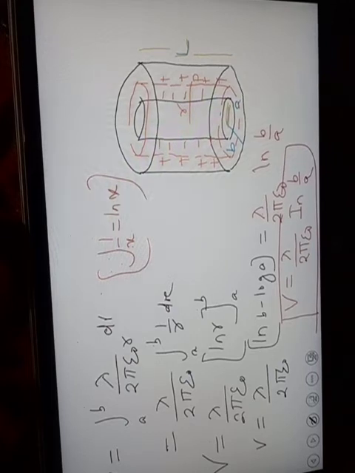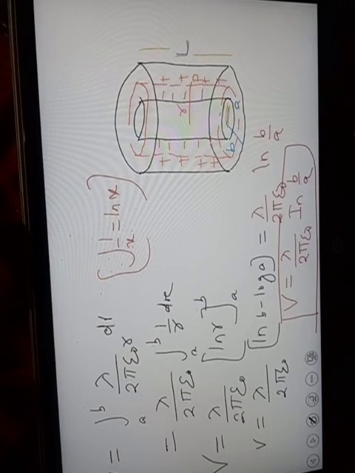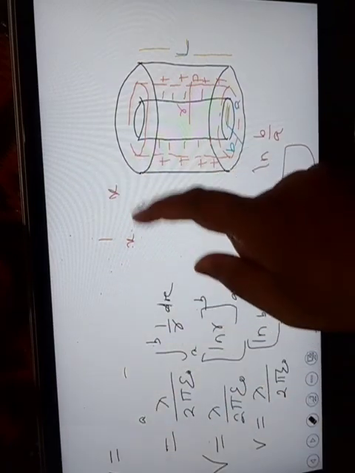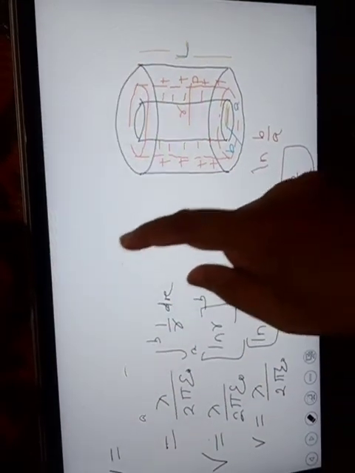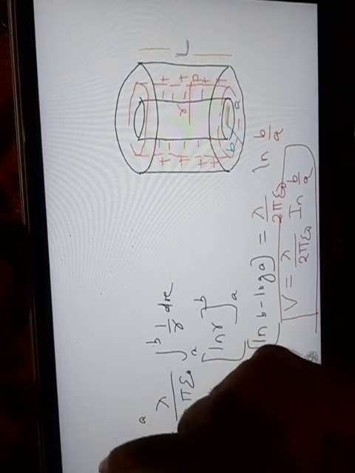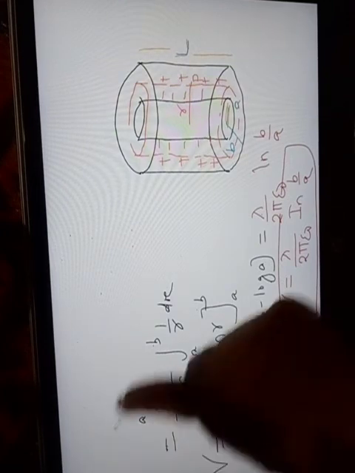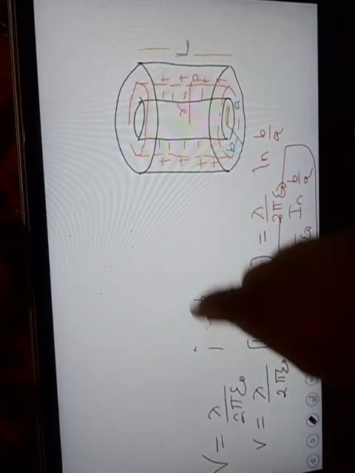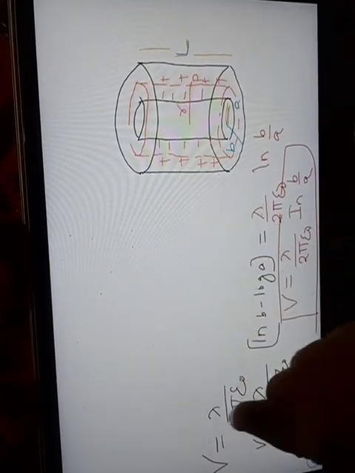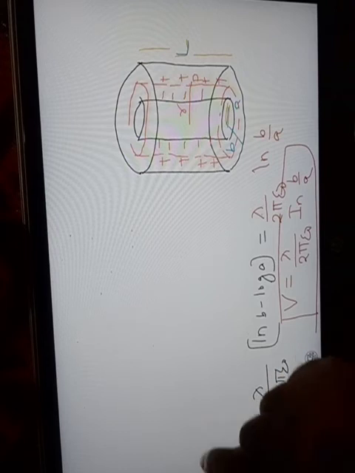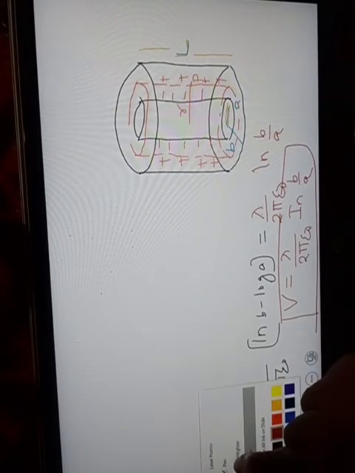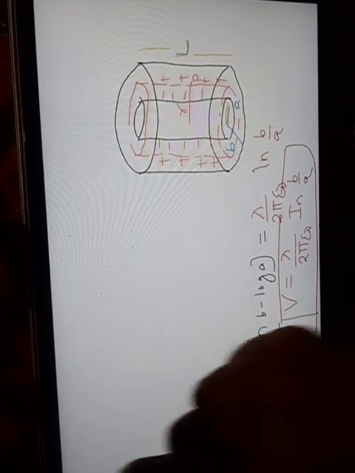Then you have to find out the total charge on each surface of the cylinder.